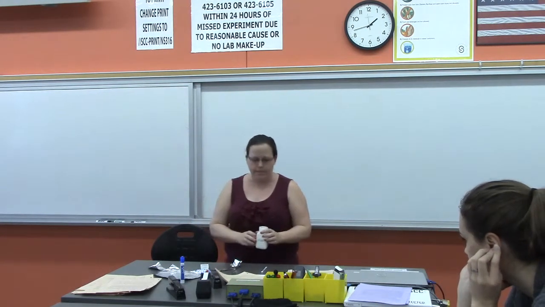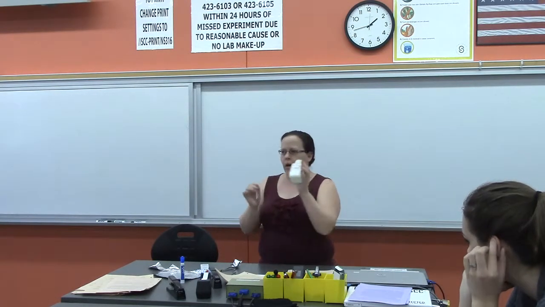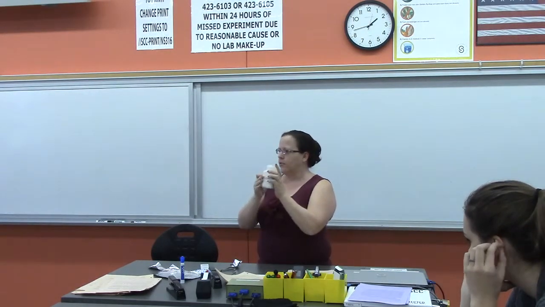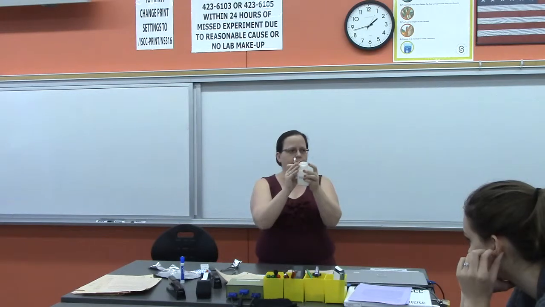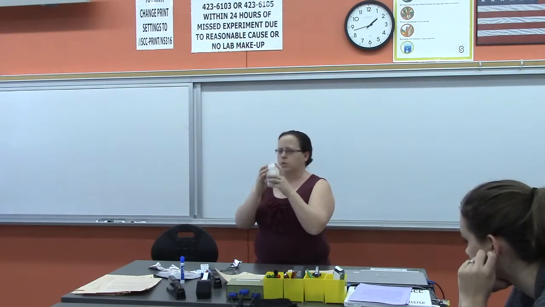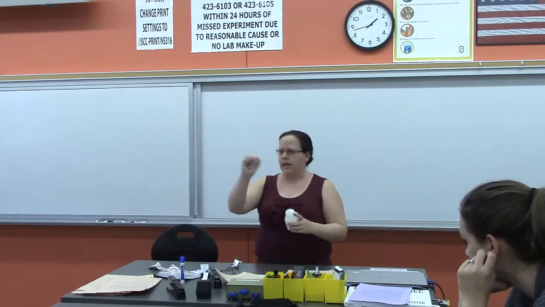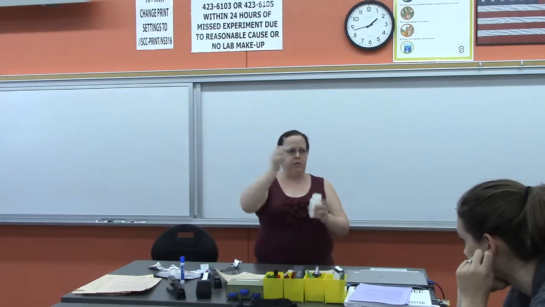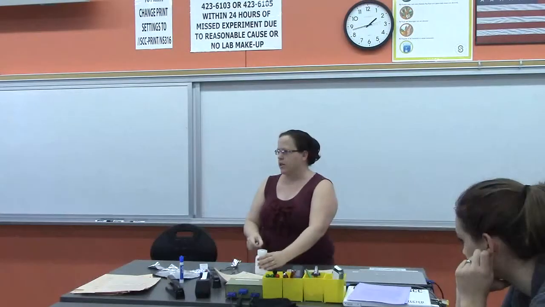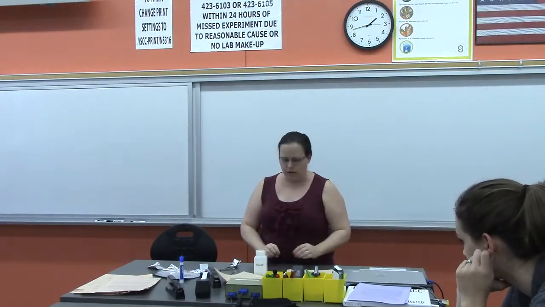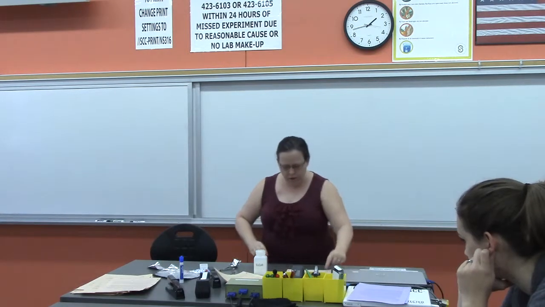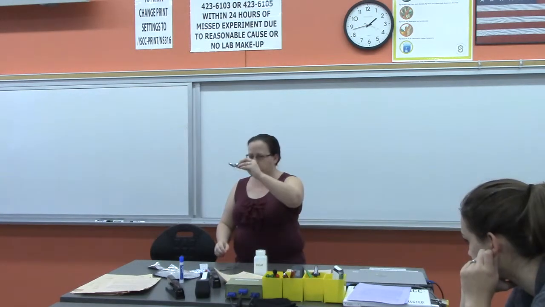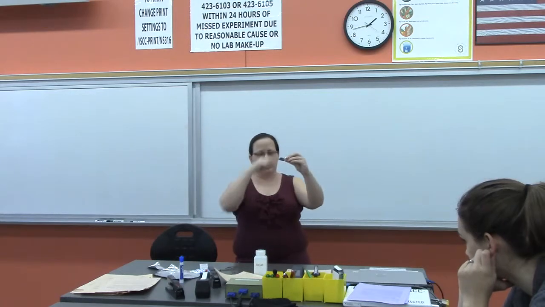So we don't want to do that, okay? One lab rule: we always read our labels first. Whoever opens the bottle, solid or liquid, is responsible for closing it. If there's any kind of dropper or spoon that goes with it, you're responsible for making sure it goes back with that container, okay?